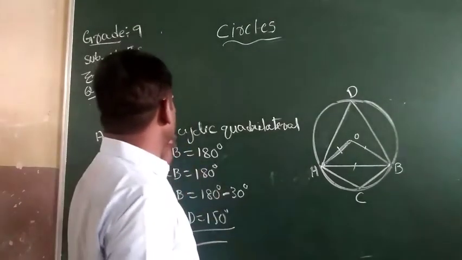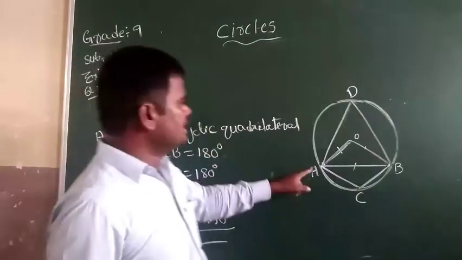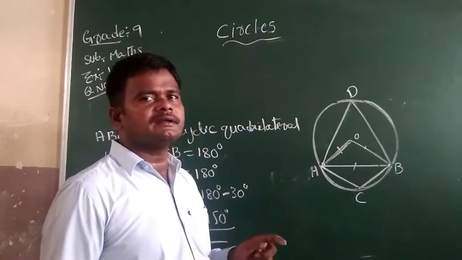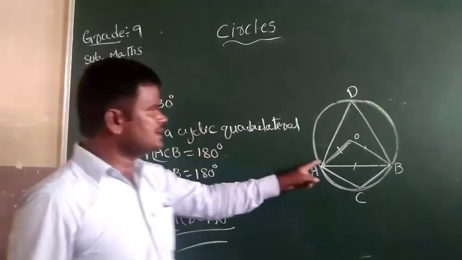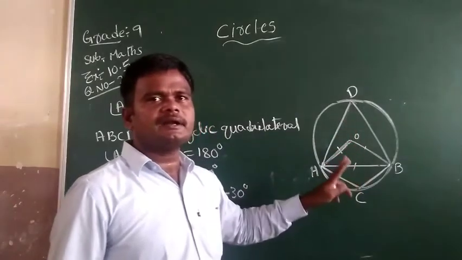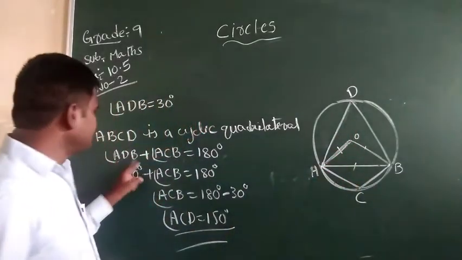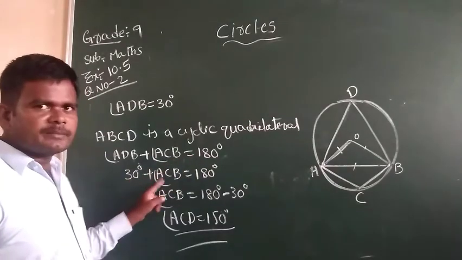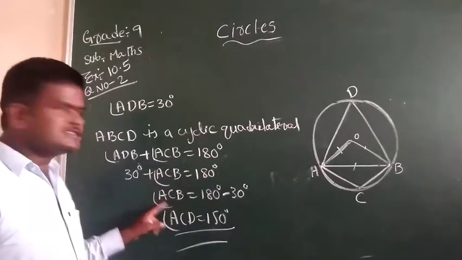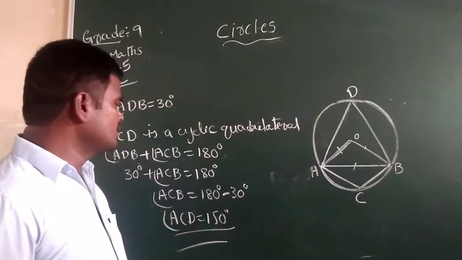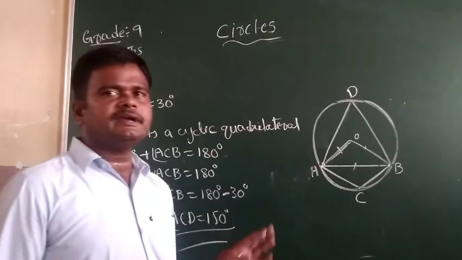So here, given A, B, C, D, this is a cyclic quadrilateral. ABCD is a cyclic quadrilateral. The sum of the opposite angles is 180 degrees. So ADB plus ACB equals 180 degrees. ADB equals 30 degrees, plus ACB equals 180. ACB equals 180 minus 30, which is 150 degrees.